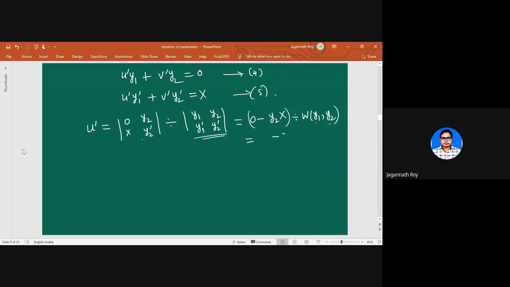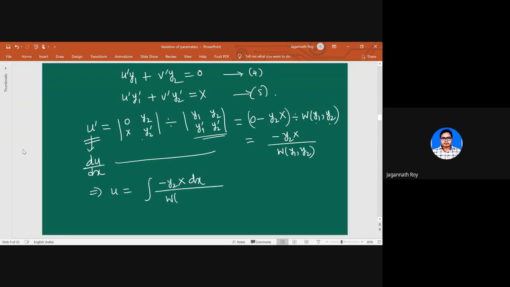So we'll write minus y2 x by W of y1 and y2, the Wronskian. Since this is u', we write u is the integration of minus y2 x dx by W of y1 and y2.